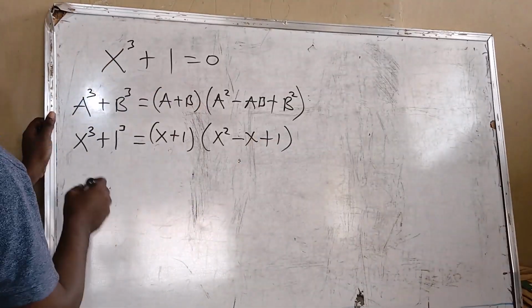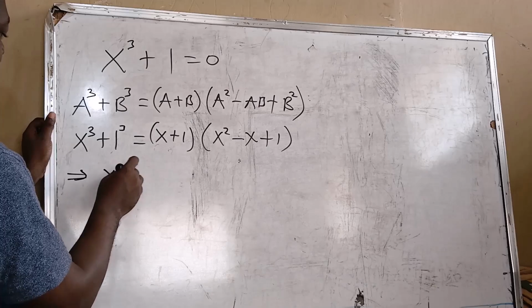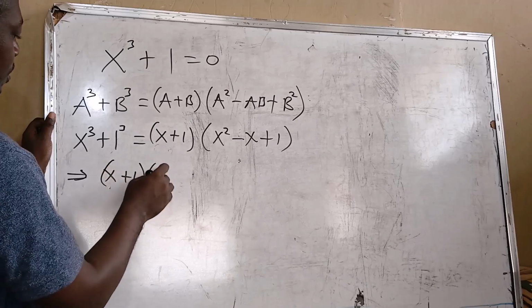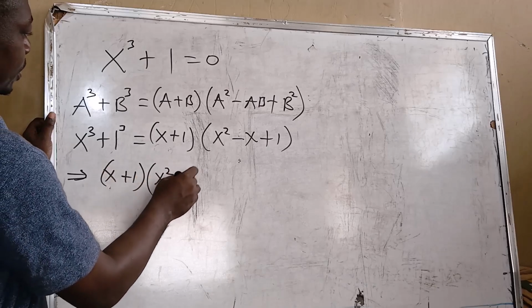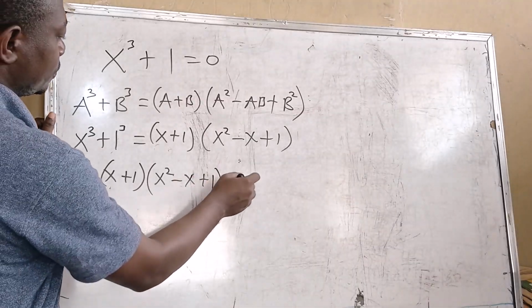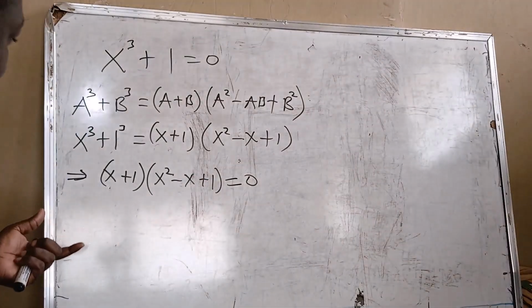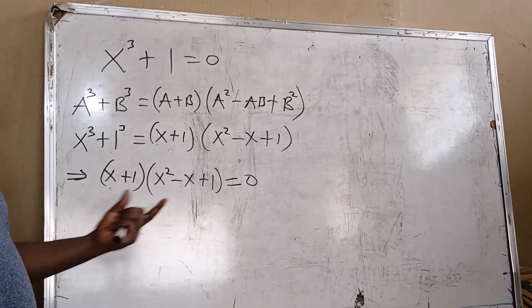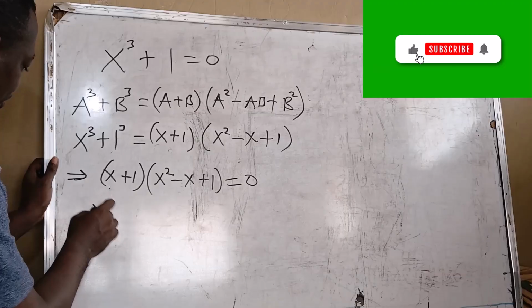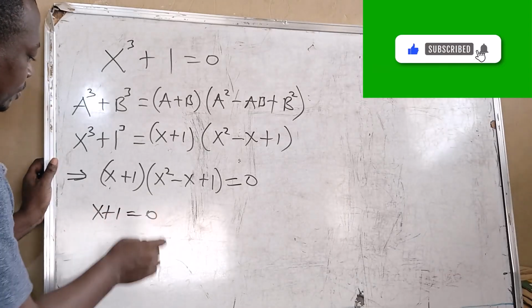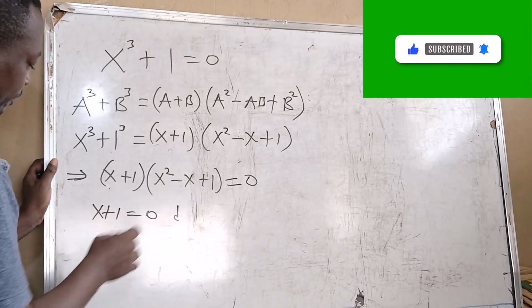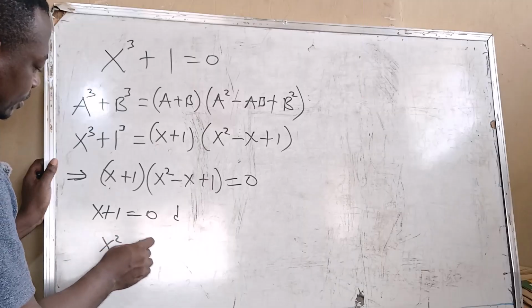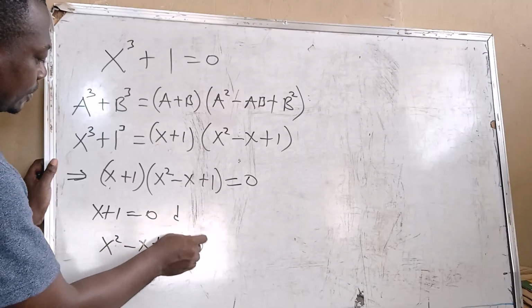So this one is the same as x plus 1, x squared minus x plus 1 equal to 0. Have you seen that? All right, so from here, now following the zero product, x plus 1 equal to 0 and x squared minus x plus 1 equal to 0.